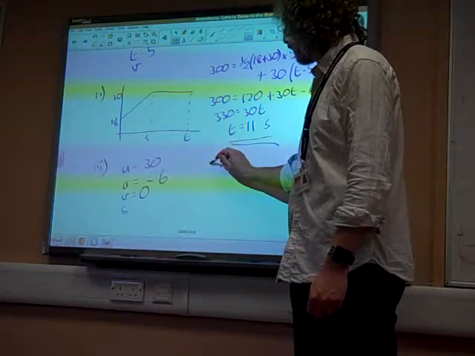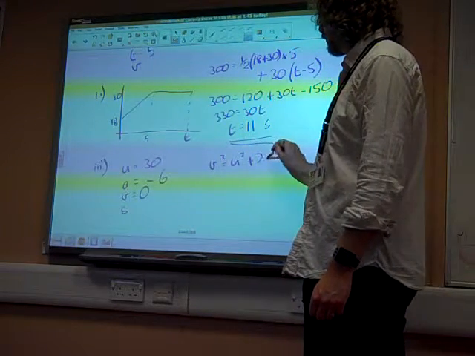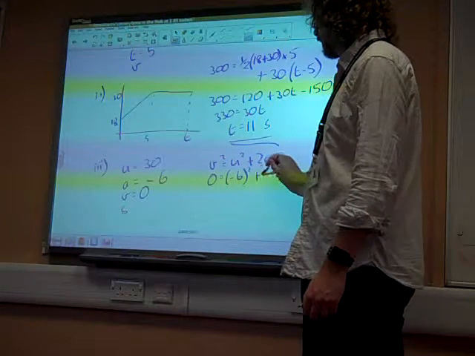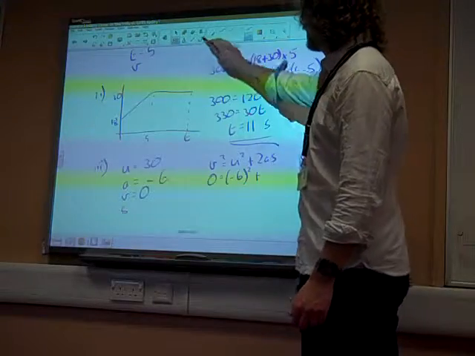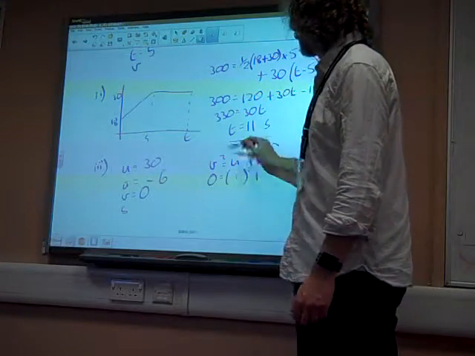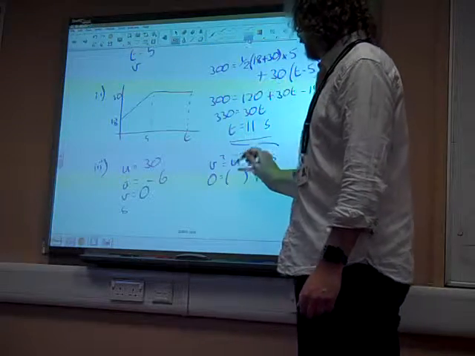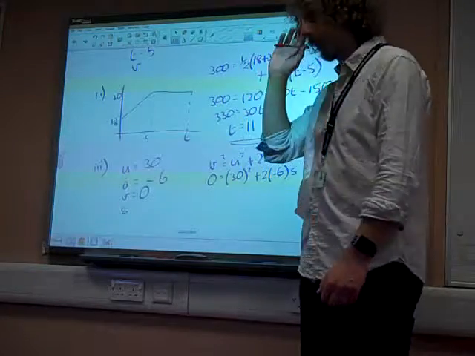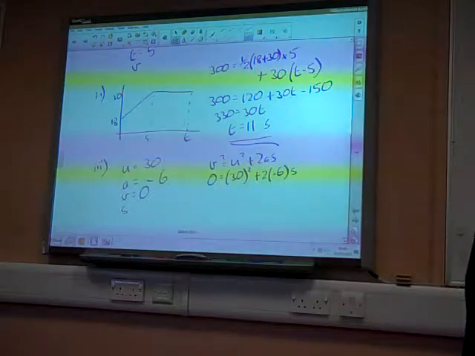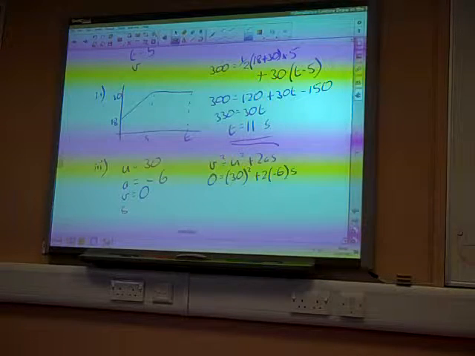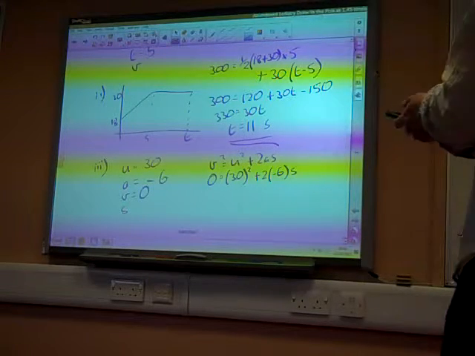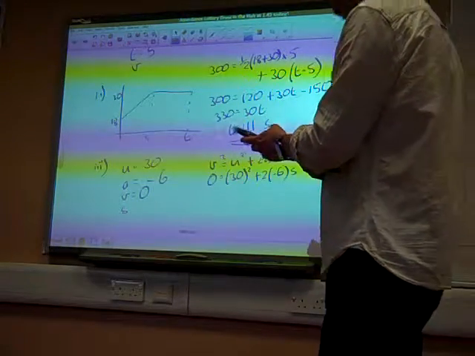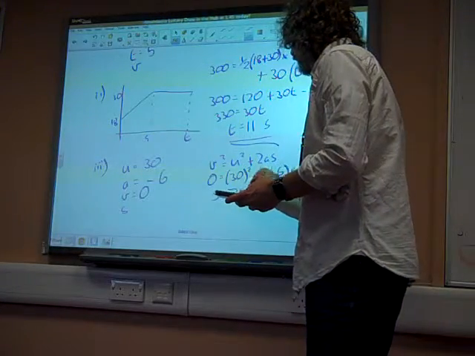So this looks to me like we're doing v squared is u squared plus 2as again. 0 is, no, 30 squared, sorry, I've read them on there, plus 2 times minus 6 times s, which is going to give us 30 squared divided by 12, so s is 75 metres.